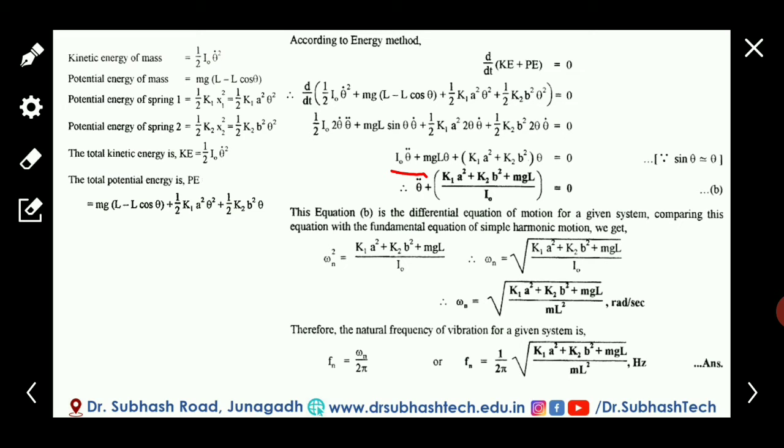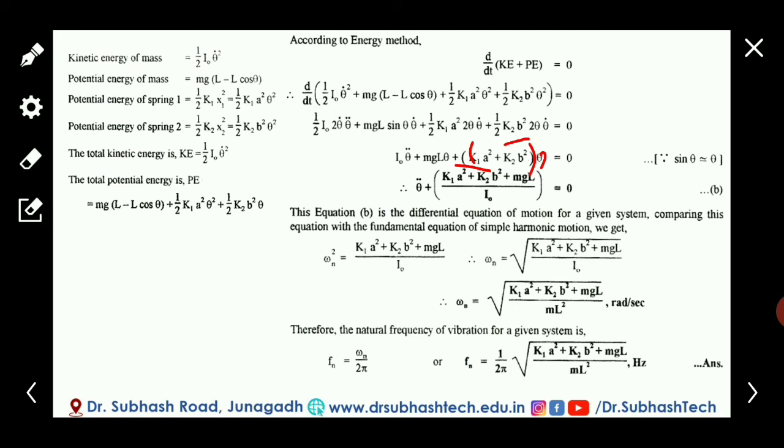So I0 theta double dot, here theta dot is gone, so mgL sin theta. And here one half is gone, 2 is cancelled, so k1 a squared theta, and here k2 b squared theta, and theta is taken as common from them.